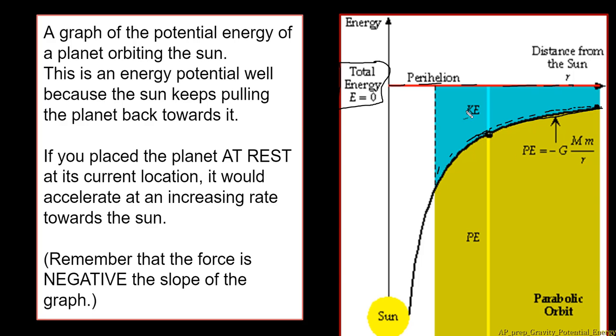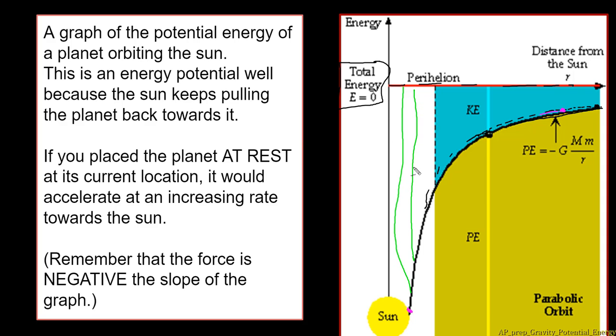We are looking at this right here. This is my kinetic energy. So that again makes sense. You put the planet here, and at rest it will fall towards the sun, increasing in kinetic energy, and then hit the surface of the sun with this amount of kinetic energy. Okay.